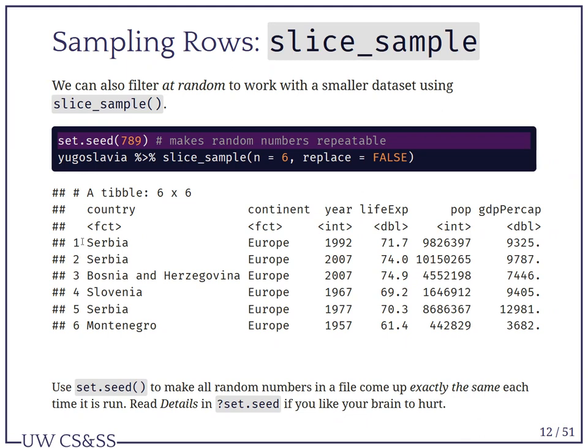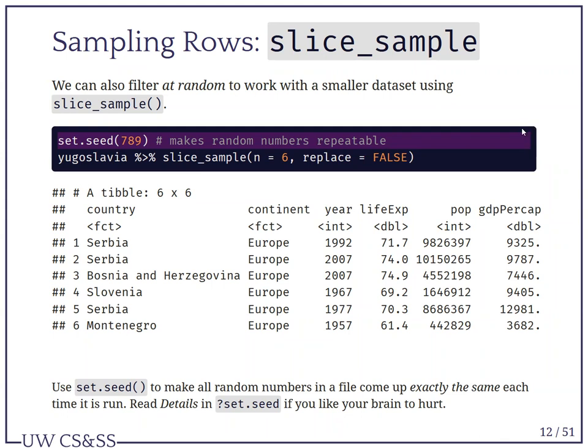So here we have Serbia in 92, Serbia in 2007, Bosnia and Herzegovina in 2007, Slovenia in 67, et cetera, et cetera. If you want to, at home, sample like this and get these exact same values, you can set.seed 789. And this makes drawing random things repeatable and reproducible.